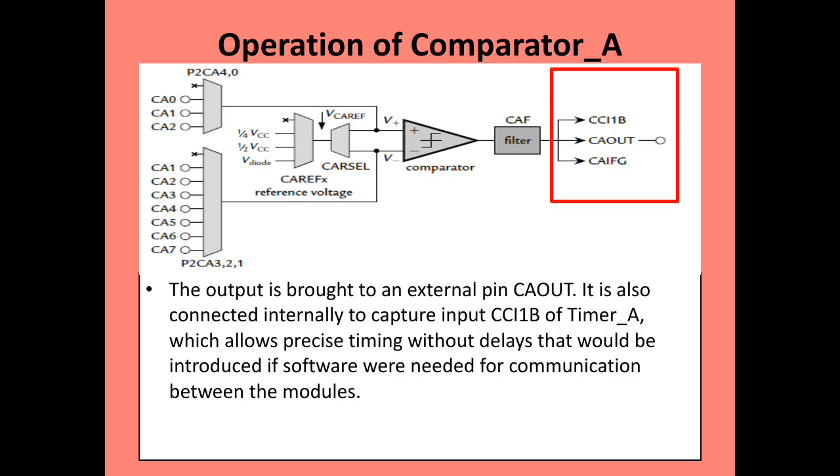The same information is provided using these 3 output terminals, but CA out we take as the output of the ADC, and CCI 1B is feedback to Timer A. So some positive feedback is taken to Timer A, based on which the conversion process is performed. For that reason, we use this particular thing.